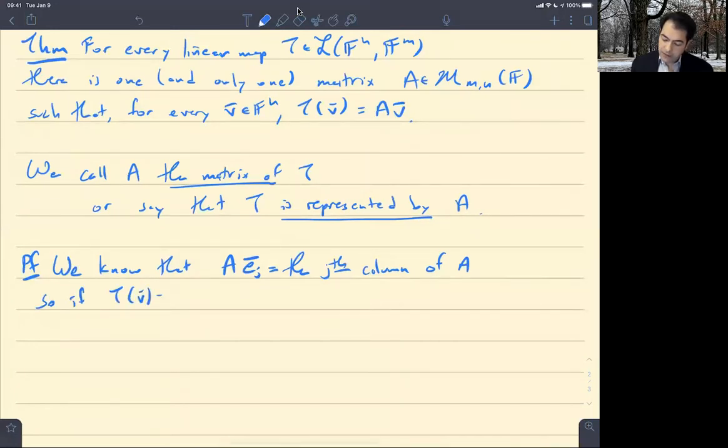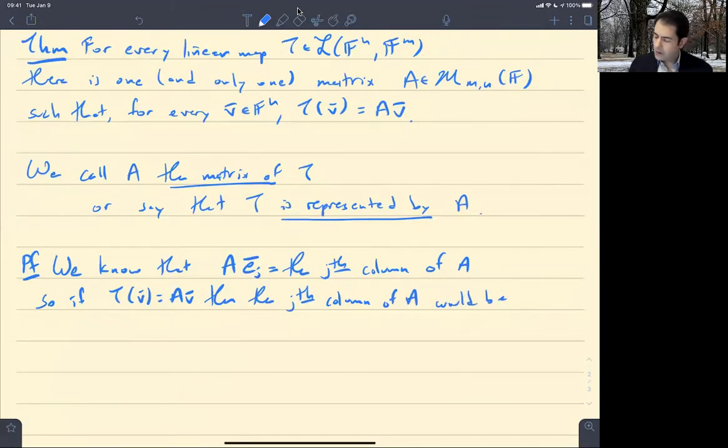we know that if T of V is equal to A times V, then the jth column of A would be T of EJ.